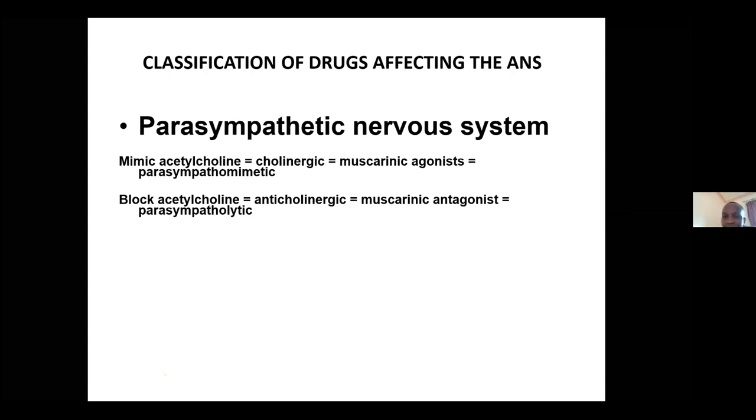Sometimes they're called cholinergics. We're not going to talk about that group a lot in this lecture because I think you'll not come across it a lot in anesthesia. Then the ones that block acetylcholine are anticholinergics or muscarinic antagonists. These are usually tested a lot, especially in anesthesia. I can say that you'll get at least 1 or 2 questions on muscarinic antagonists in your exam, and there could even be more. So you should know this one.